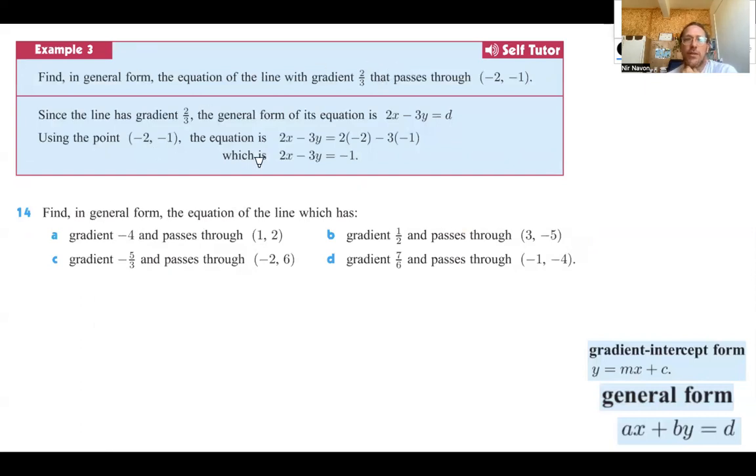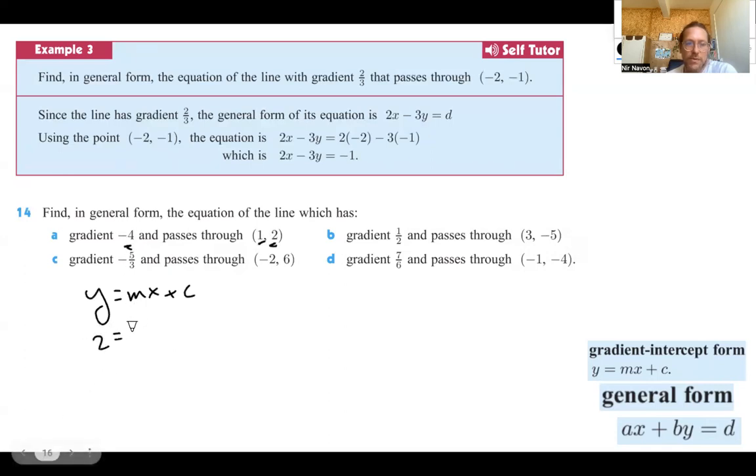Okay, finding in general form the equation of a line, let's practice what we saw in previous videos. I'll use the gradient-intercept form to find the equation of a line, because once we understand that, we know how to move to the general form as we've seen before. This is a reminder: that's the y, that is x, and that is the gradient m.